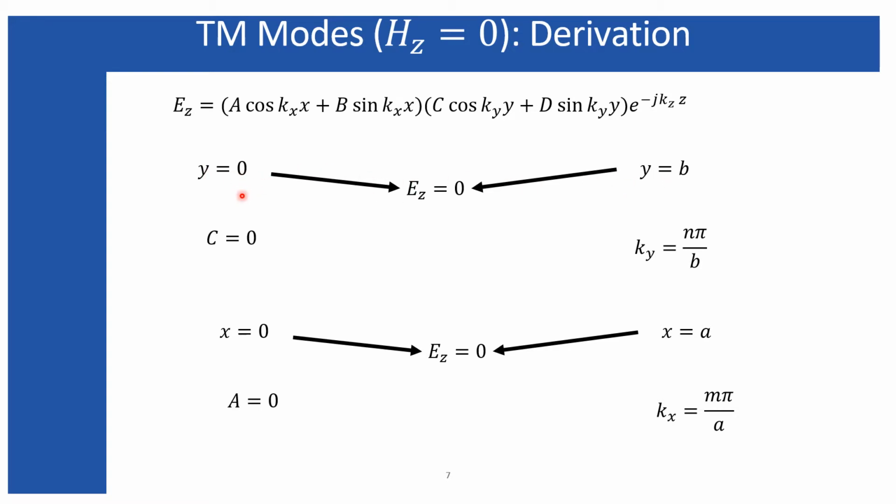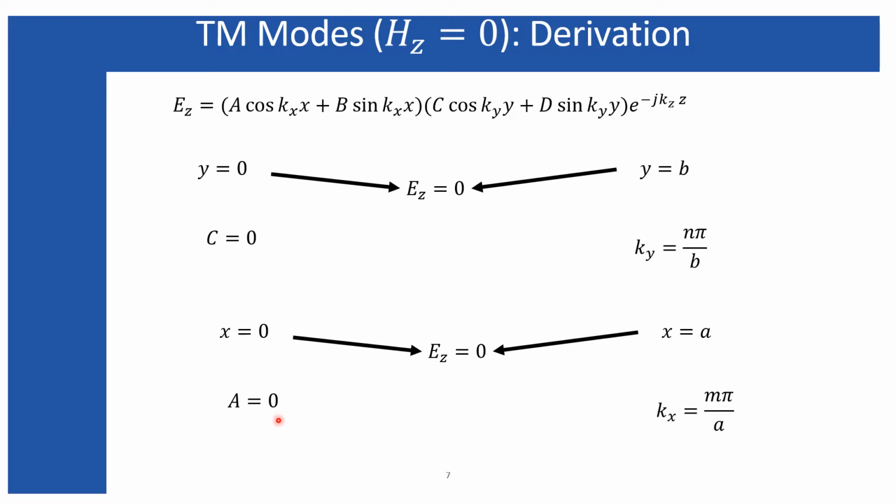So at y equals 0, these boundary conditions give us c is equal to 0, and at y equals b, the boundary condition gives the wave number along the y direction, and that is discretized, that is n pi divided by b. The other boundary conditions, that is Ez is equal to 0 at x equals 0 and x equals a, give us two solutions for a and kx.